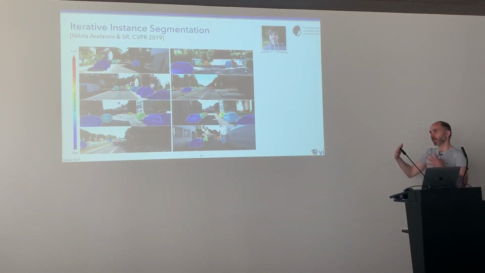There seems to be, at least anecdotally, a good agreement with how we humans might segment or describe a scene. We are very curious to look into that more from the human vision perspective. We haven't done that, but this is work that I'm quite excited about.